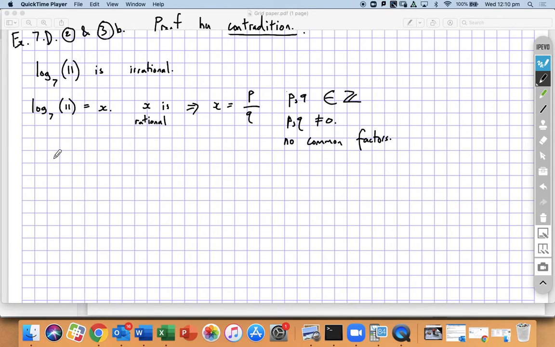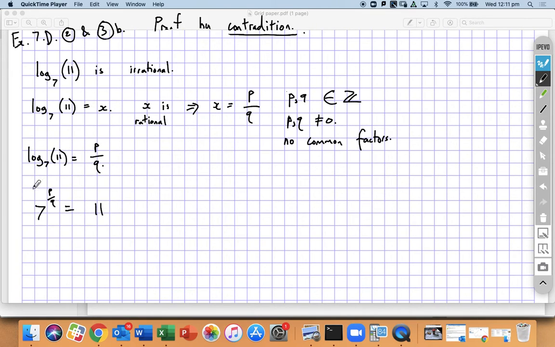Okay. So, rewrite it. We're going to say log base 7 of 11 equals p divided by q, just continuing on from here. That's the same method as the last question. So if this is our base, raise it to the power of p on q because logs are giving you the power, and that would equal the result 11.